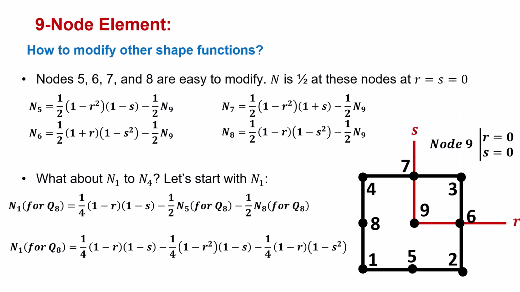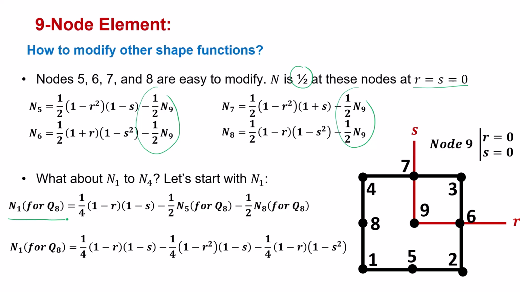So how can we modify other shape functions? Nodes 5 through 8 are easy to modify because N is 1/2 at these nodes when r and s are equal to 0. So we just need to subtract half of N9 from N5 through N8. But modifying N1 to N4 would be challenging.